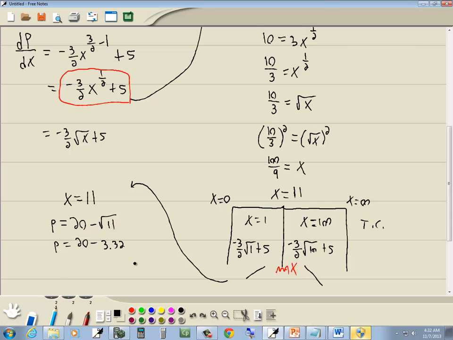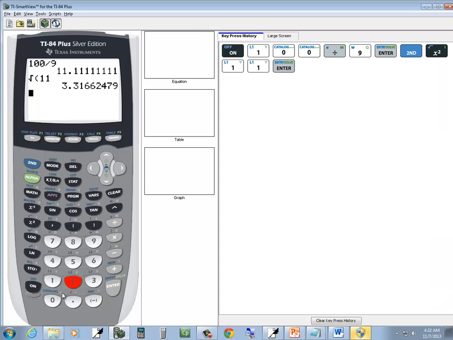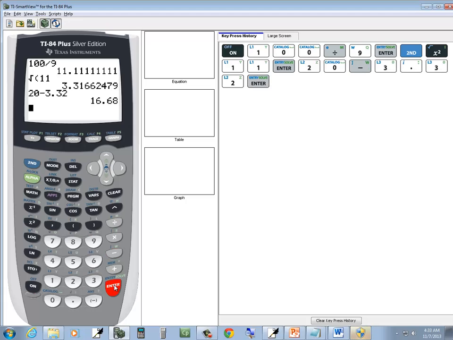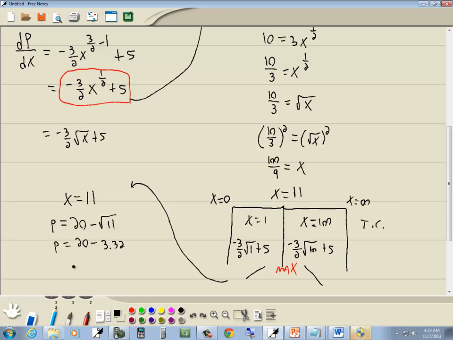Yeah, 3.32. Now do 20 minus 3.32. And we get 16.68 as our price. That's the price that will give us a maximum profit.